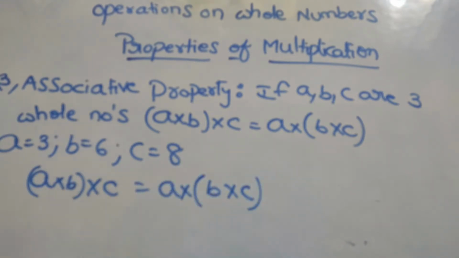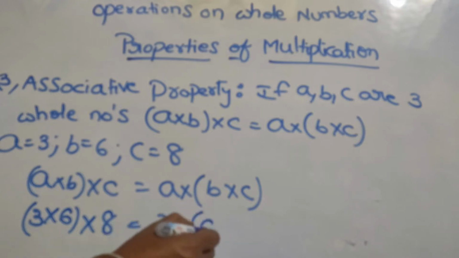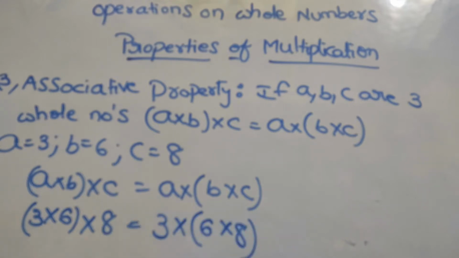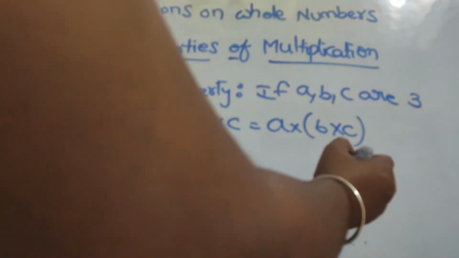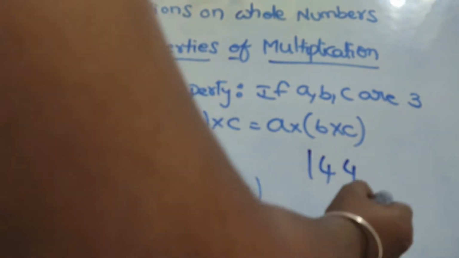We need to check this. (3 into 6) into 8 is equal to 3 into (6 into 8). 3 6s are 18, into 8. 3 into 6 8s are 48. Now 18 into 8: 8 8s are 64, 6 in the hand, 8 1s are 8, 8 plus 6 is 14, so 144.